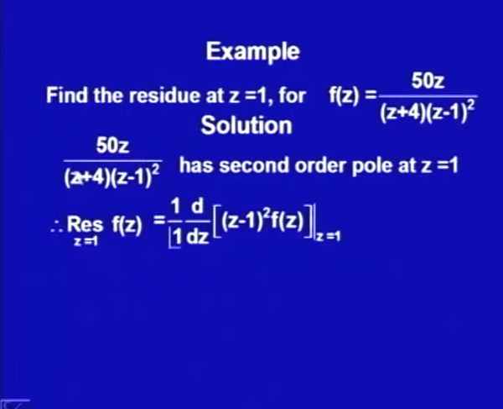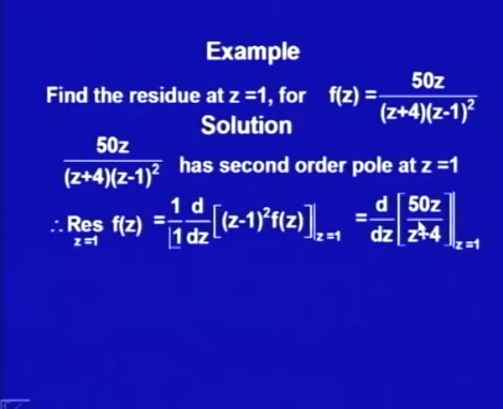If I multiply this function f(z) with (z minus 1) whole square, I would get 50z upon z plus 4. So I have to find the derivative of 50z upon z plus 4. Whenever the function is of the form (z minus z naught) to the power m into f(z), it gives a simple function for the differentiation.